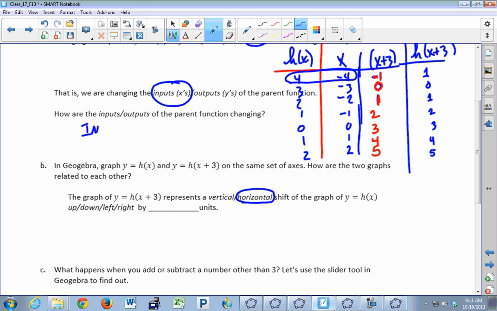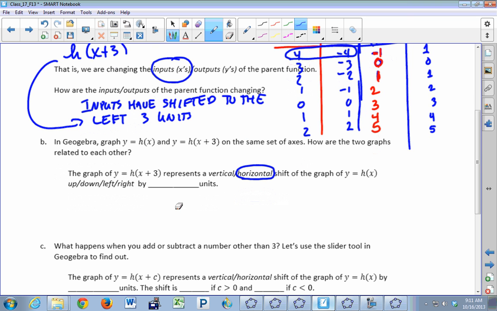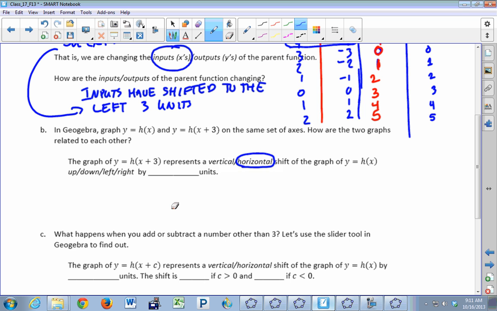The inputs have shifted to the left 3 units. So h of x plus 3 tells me I move to the left 3 units.